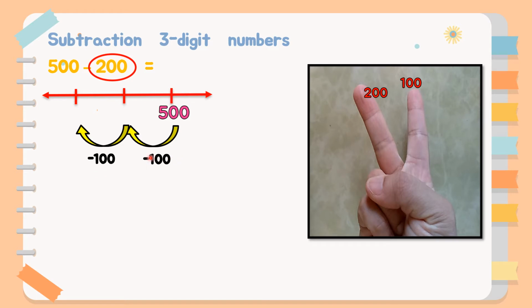Let's start to count. We start from 500. 500 minus 100 equals 400. 400 minus 100 equals 300. So we get the answer 300.